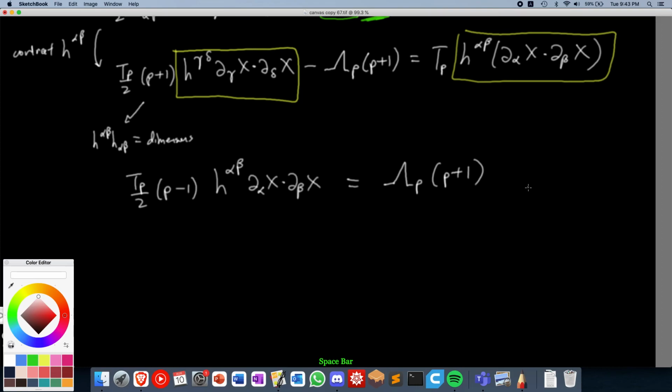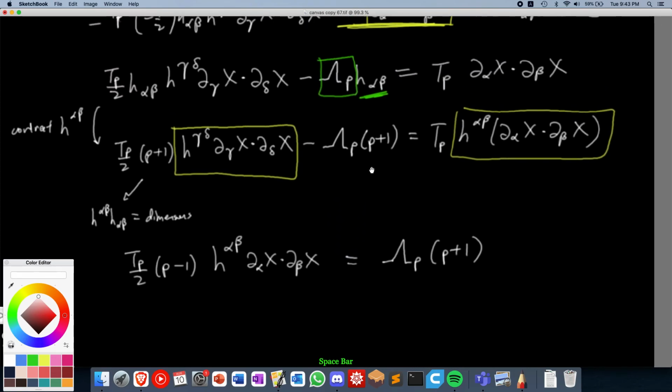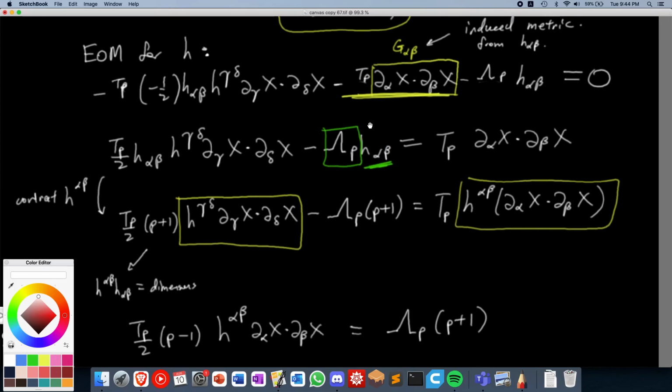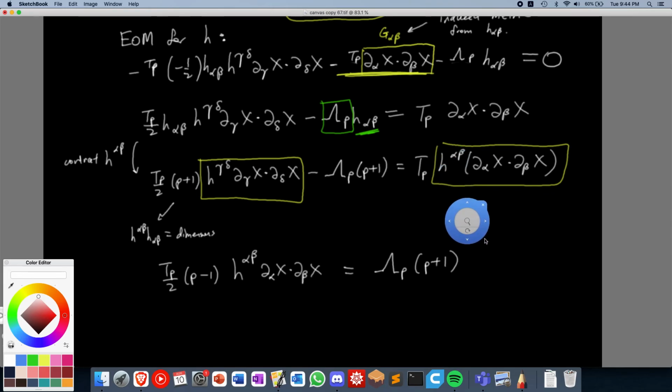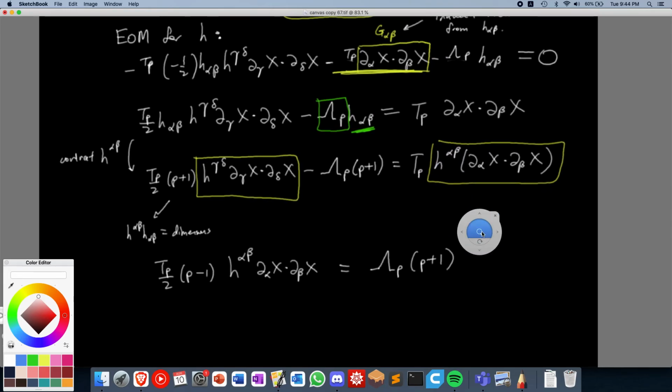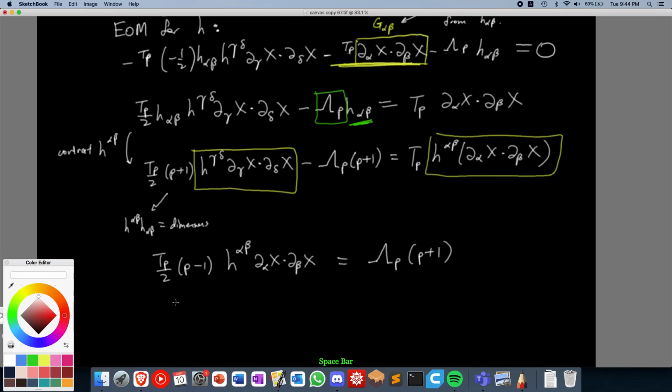Okay. So this is pretty nice, right? Remember previously we had the equation of motion for H. So we want to substitute it back in, because now we observe that Tp over 2, so we had the equation of motion, which one should we use?